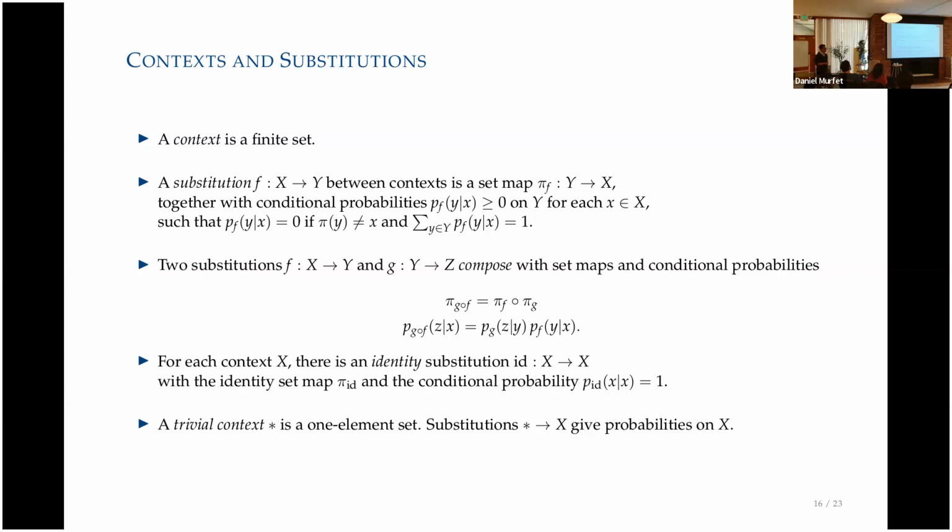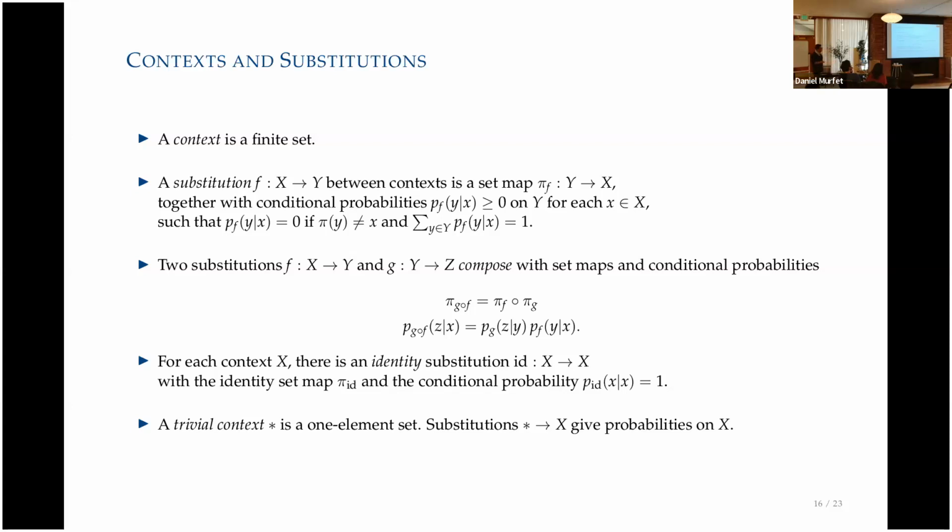So what you saw in the previous slide with the conditionals, now imagine that gives me maps between the finite sets.